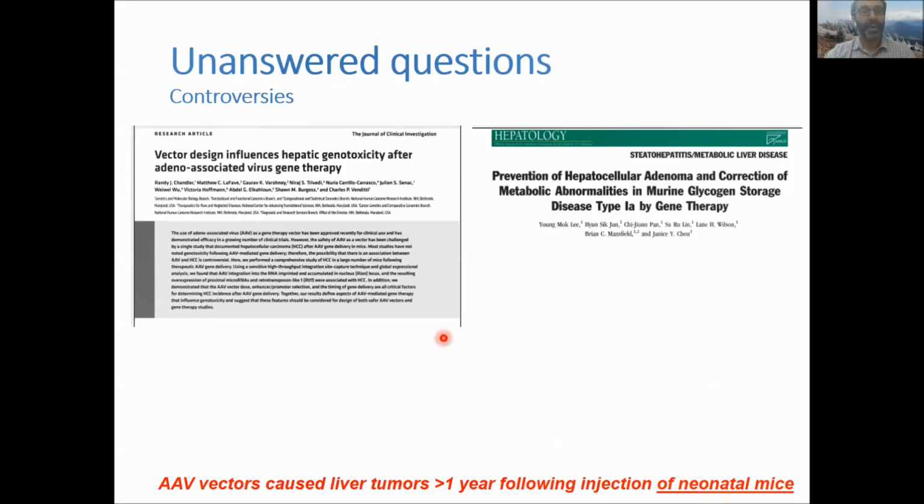On the one hand, groups like Chuck Venditti's group, led by Randy Chandler, found that treating newborn mice with an AAV vector, at least some AAV vectors, there's a long-term risk of the vector integrating and activating an oncogene and producing liver tumors. And so far, this has only been seen in newborn mice.